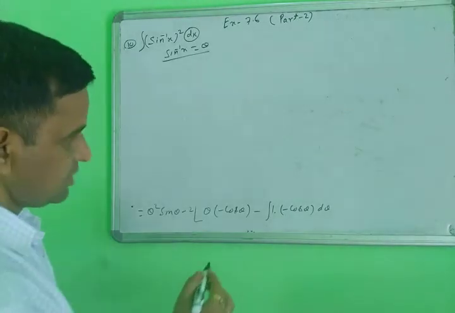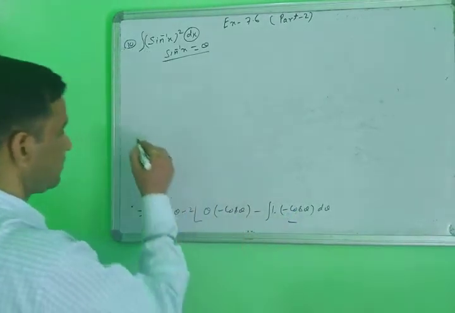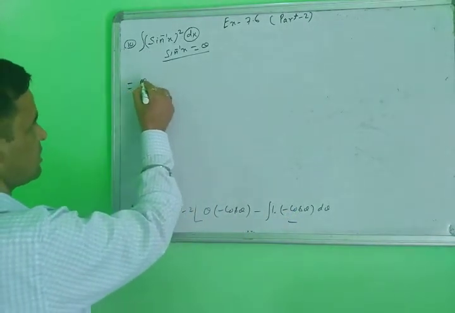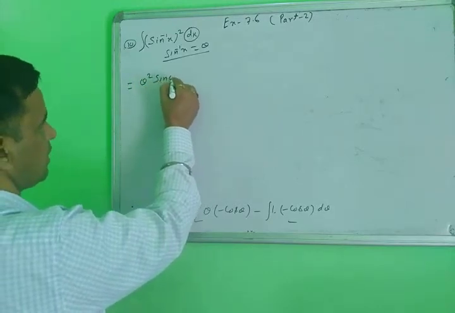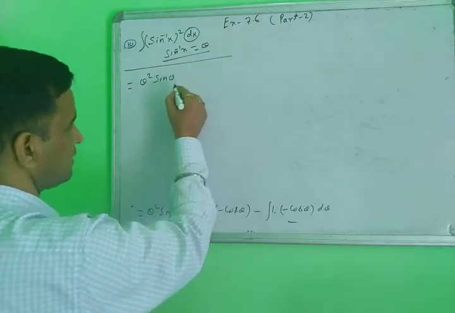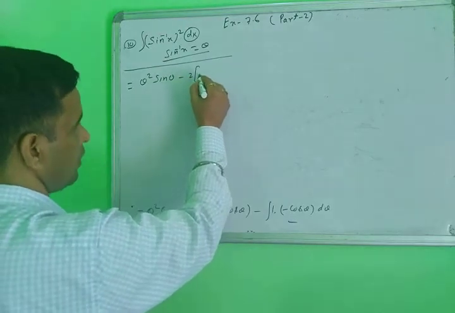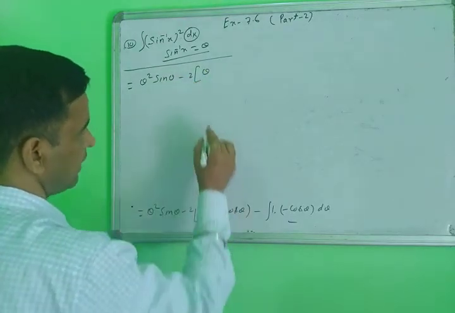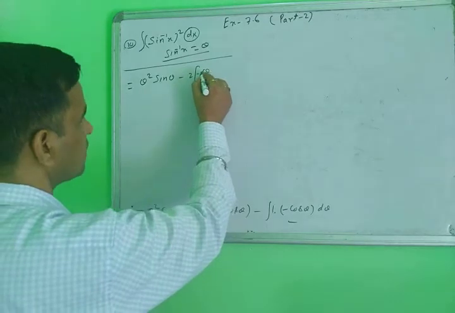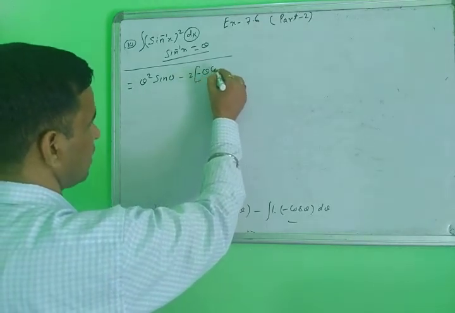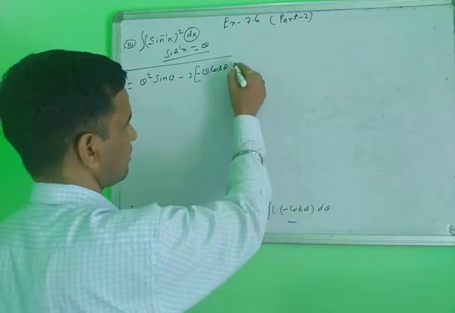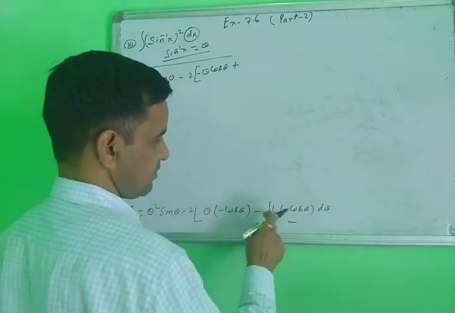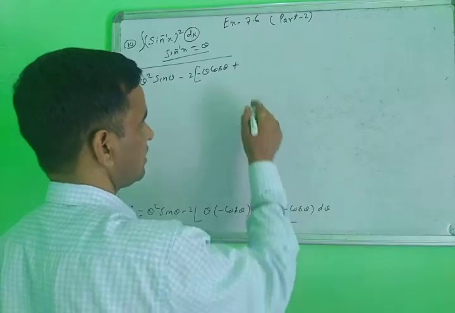Yes, so we will solve this portion here. Now look here, theta square sin theta minus 2, minus cos theta, minus here plus here plus, and cos theta here, sin theta.